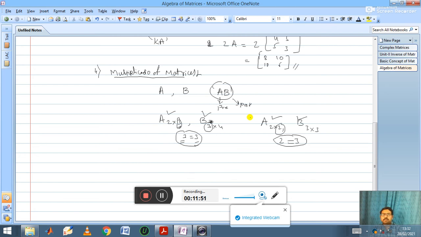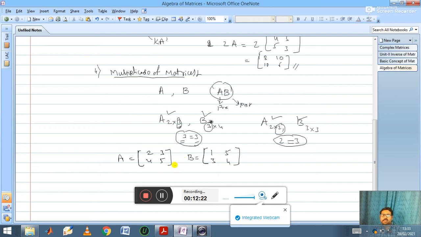Let us understand well with one example. Let us take matrix A as a 2 cross 2 matrix with elements 2, 3, 4, 5, and matrix B with elements 1, 5, 3, 4.